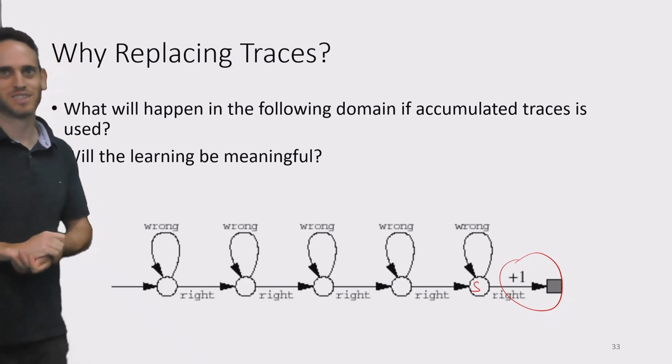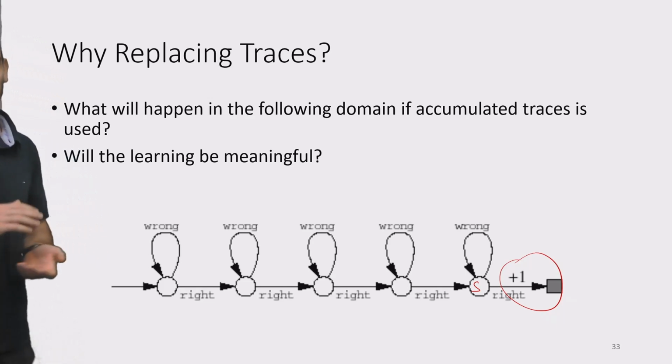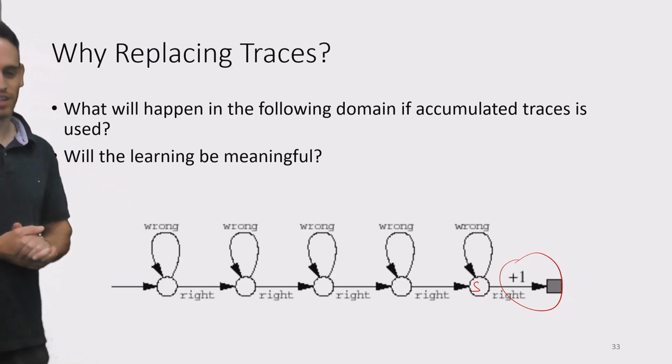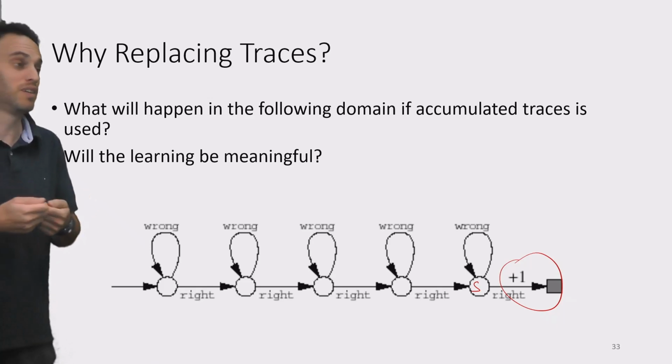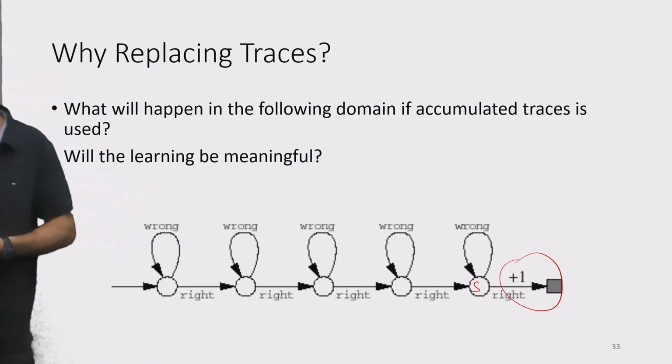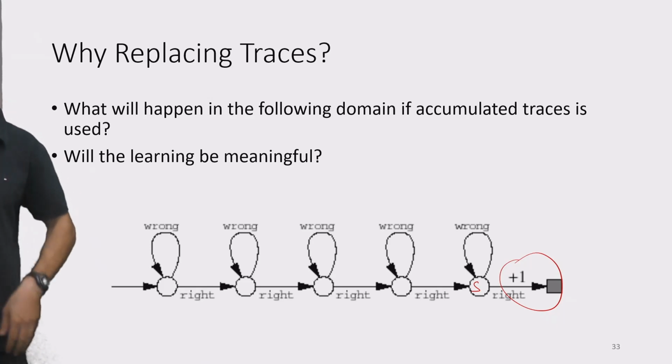So in some sense, this can really skew my learning towards frequently visited state and action pairs, even if they are the wrong action. Okay? So this is just an illustration of what can go wrong.